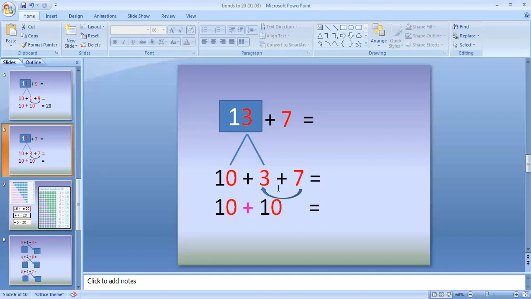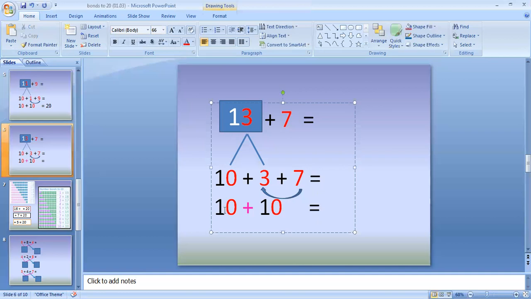With the help of number bonds to 10, we know 3 plus 7 is equal to 10. We know that. Now again we have 10 plus 10. So we can write 0 plus 0 is equal to 0. And 1 plus 1, 1 and 1 more. The answer is 2. So the answer is 20.